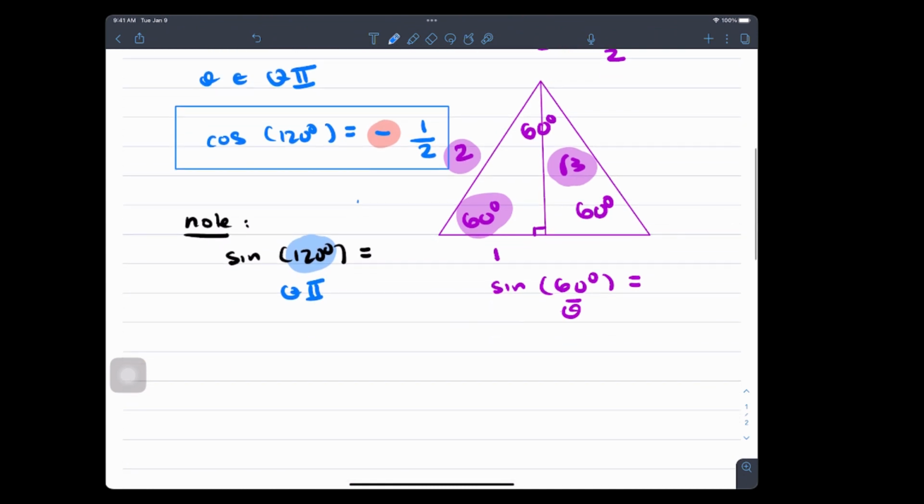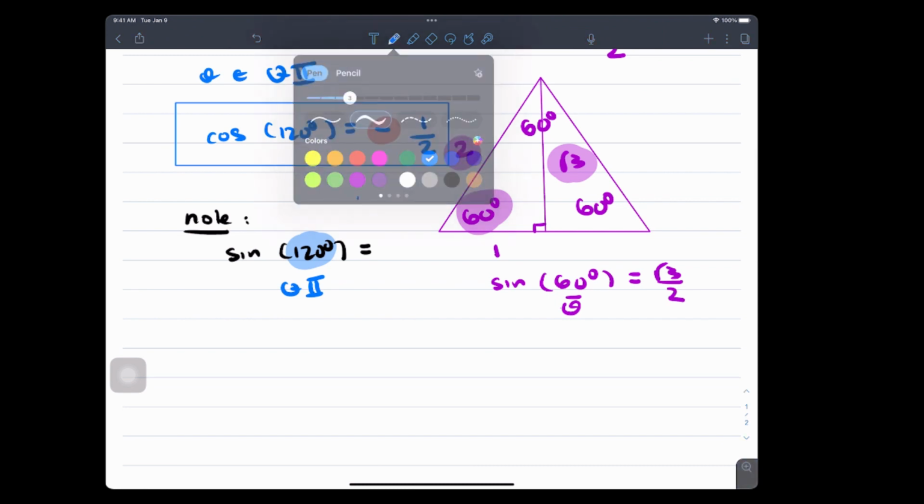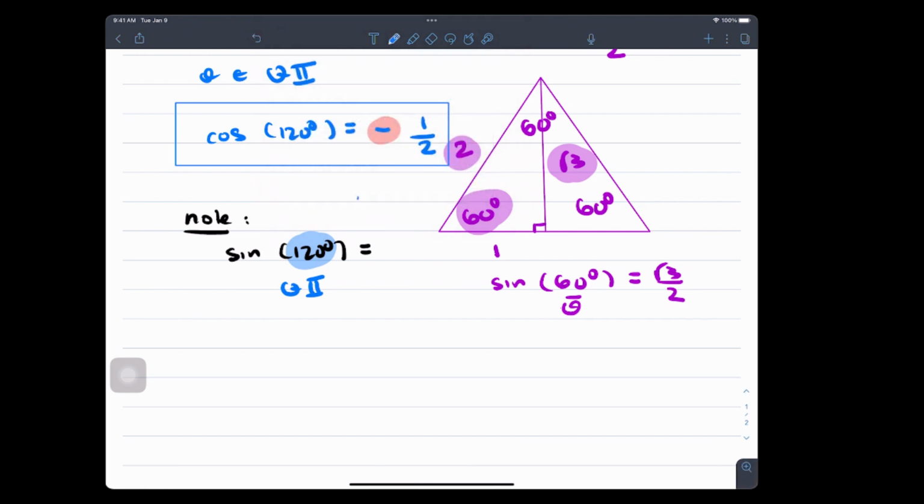So this sine of 60, though, is going to be square root of 3 over 2. What's your answer for sine of 120 then? Is it negative or positive? Positive. Positive square root of 3 over 2.